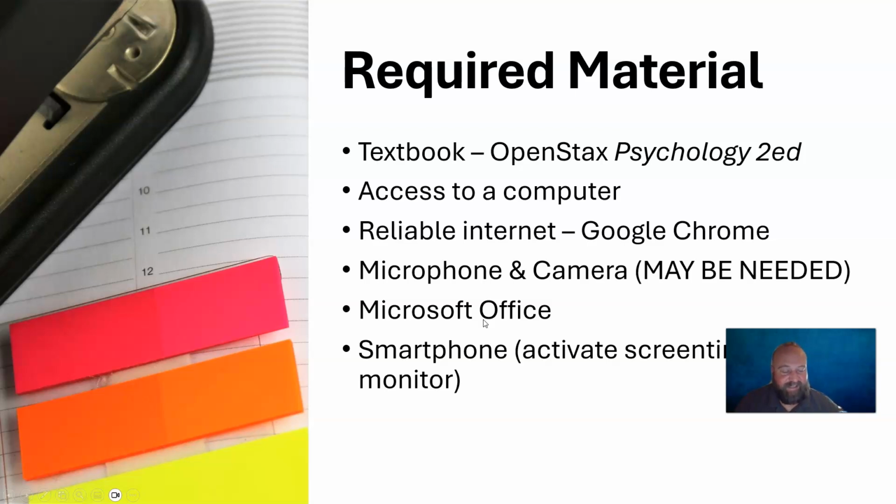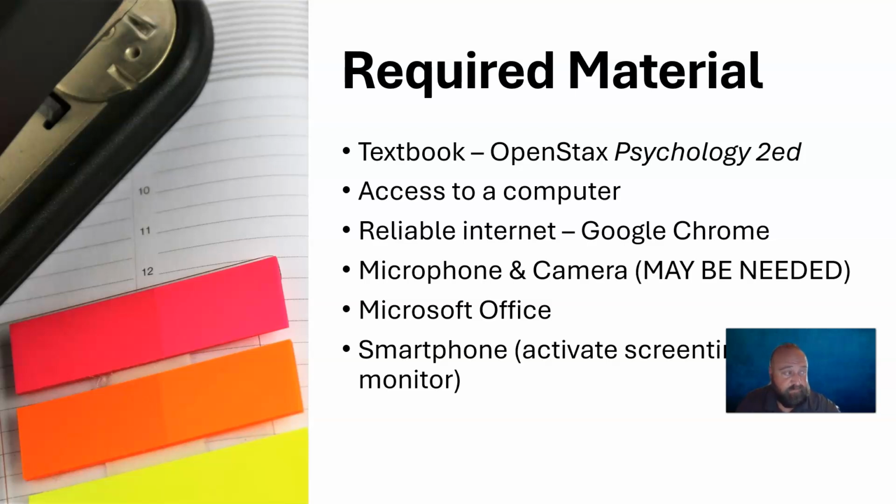The last thing, and I'm sure this is absolutely not a deal breaker in any way, shape, or form for most of you, is you need to have a smartphone, or at least you're going to be needing it for one of the projects. This is what I talked about when I covered that resources tab, that you'll need to activate the screen time monitor on your phone. So that's going to be a big part.